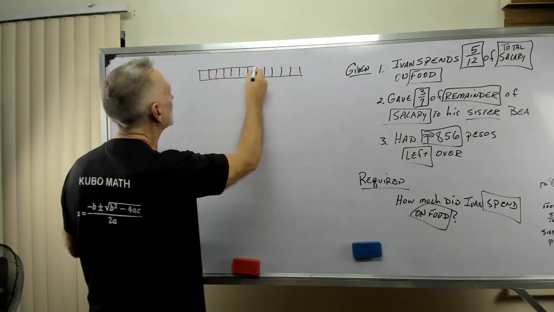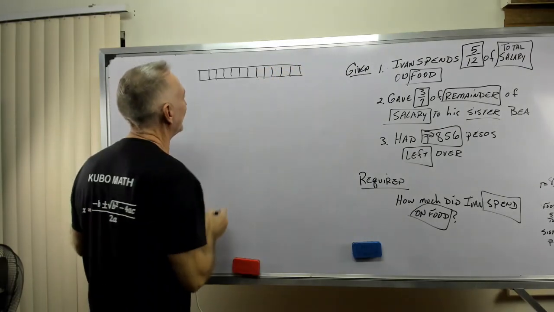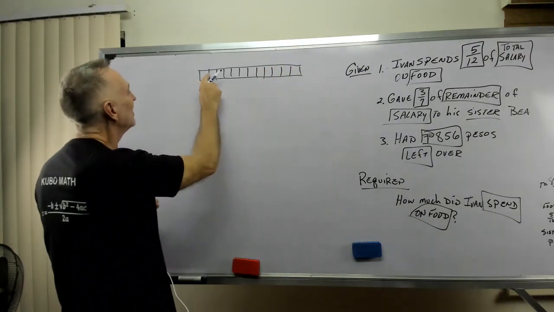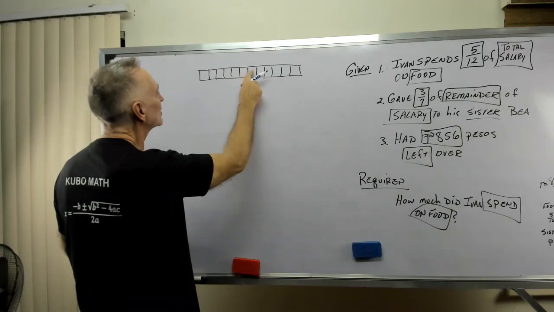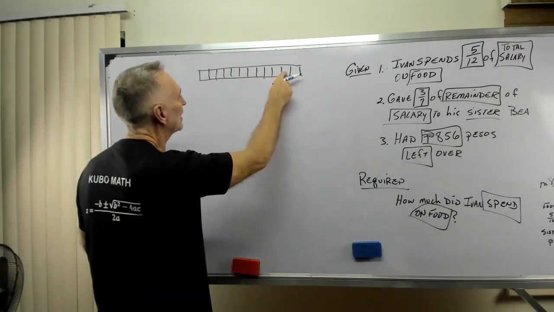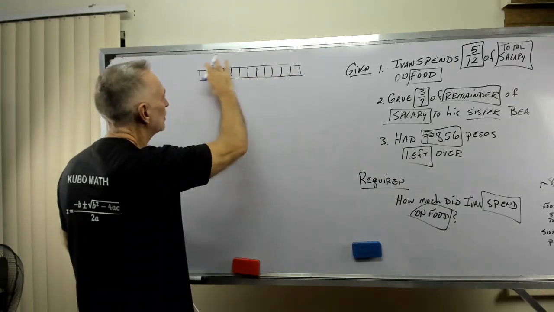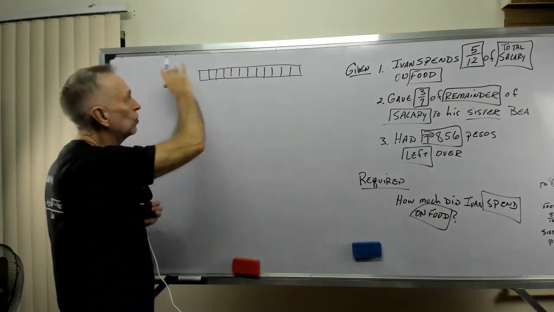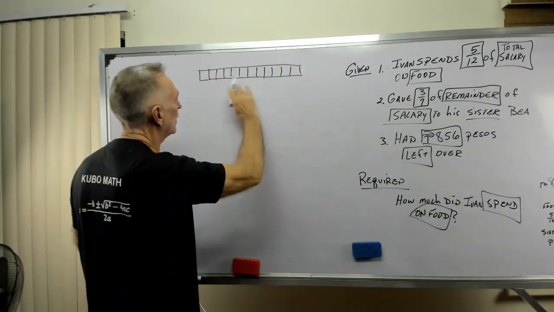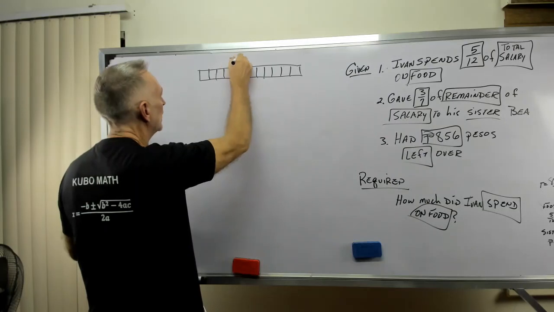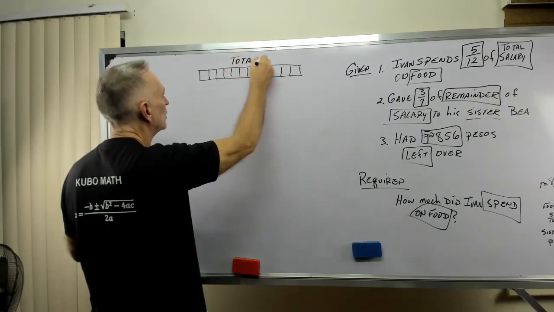I have limited artistic ability, as you can tell. 1, 2, 3, 4, 5, 6, 7, 8, 9, 10, 11, 12. Okay, all of this without the divisions, that is his total salary.